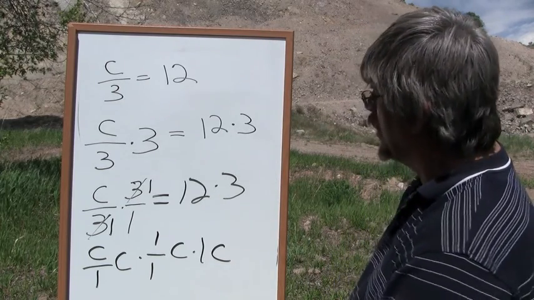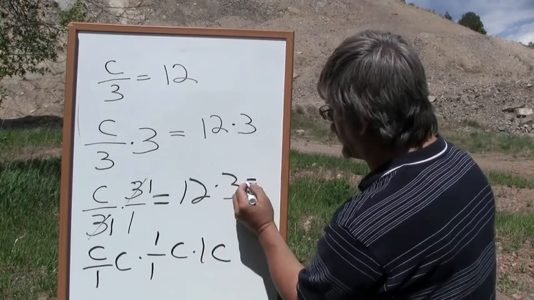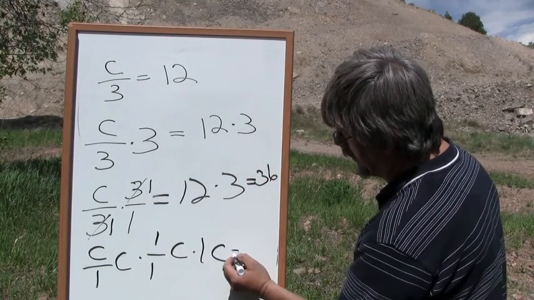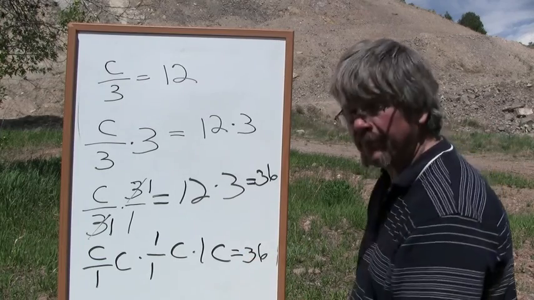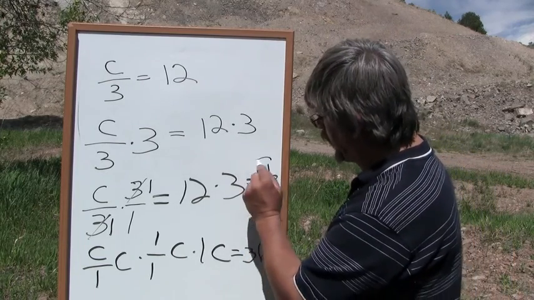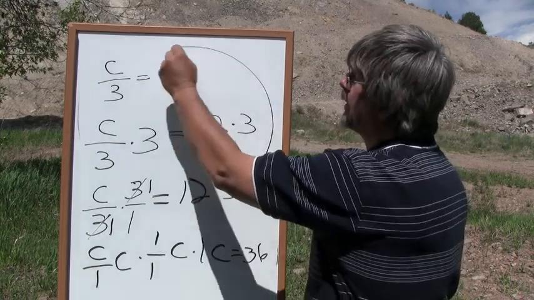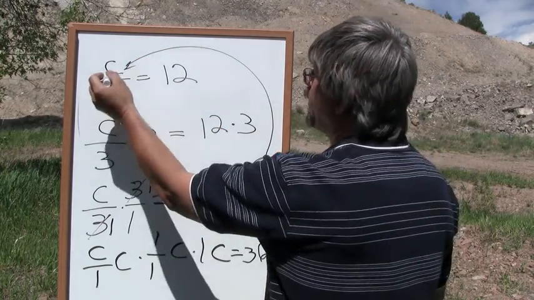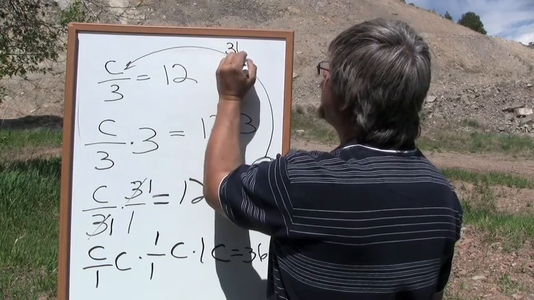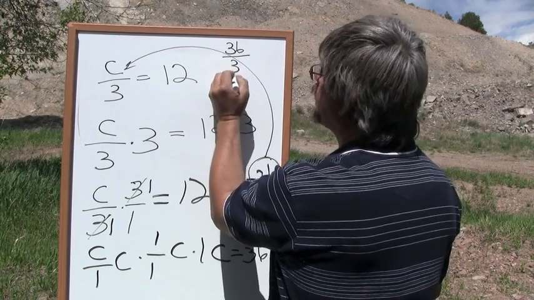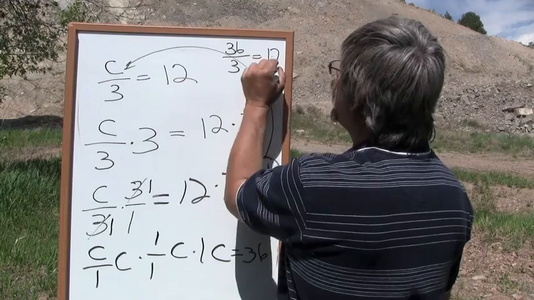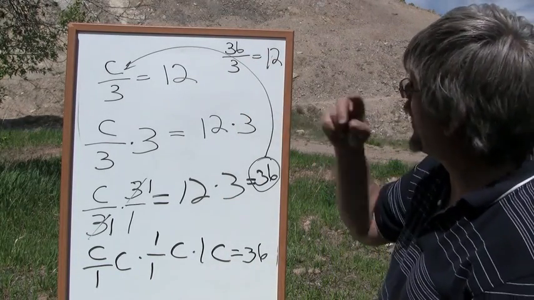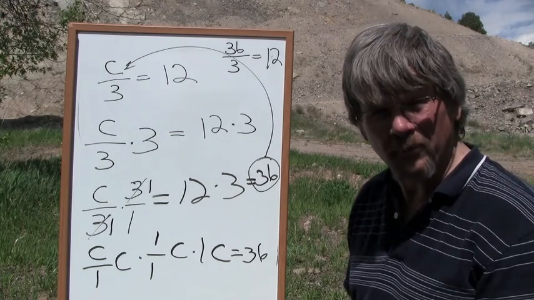You see that? 12 times 3 is 36. So we know c equals 36. Then you take your answer, 36, and plug it back into c here. So when we see this number as 36 divided by 3 equals 12, that's correct. 36 divided by 3 does equal 12.